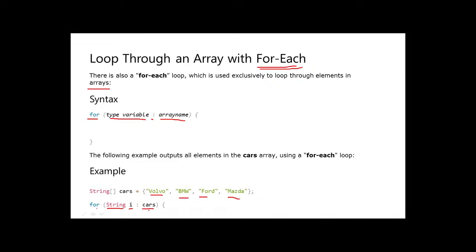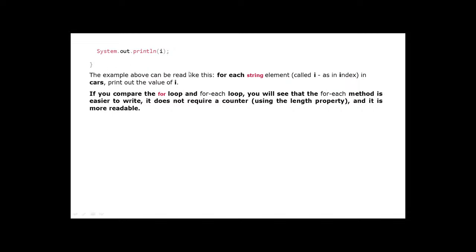So you don't have to worry about what to put in the condition or in the update. Directly string I for the index, colon, then the name of your array. Next to that, print the I. Then we print I here.